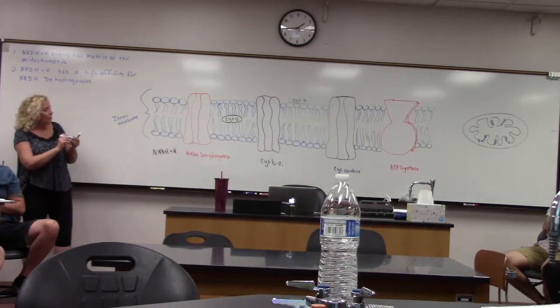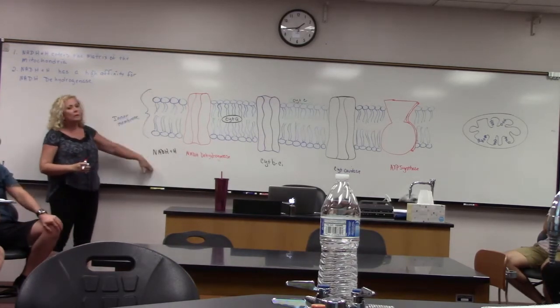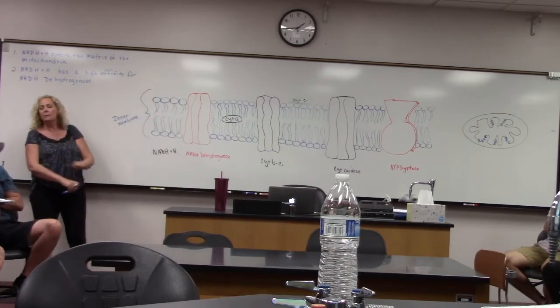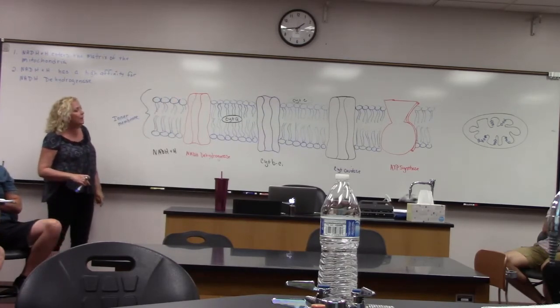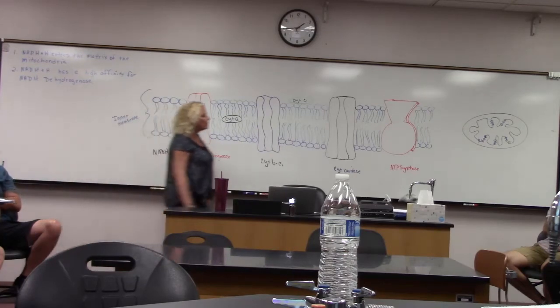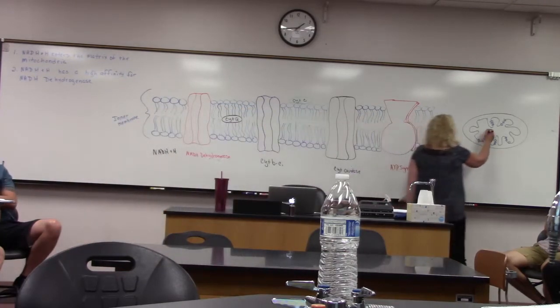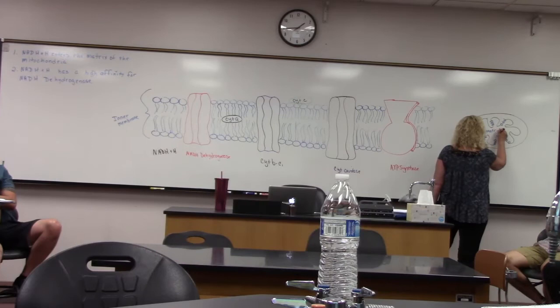So then on either side of the inner membrane, we have some type of space. We have an intermembrane space, and we have the matrix. So if you remember, the matrix is in this region, and then here we have the intermembrane space.